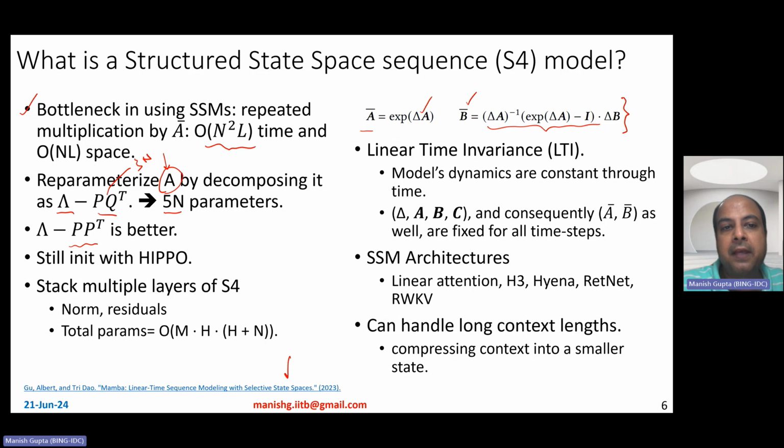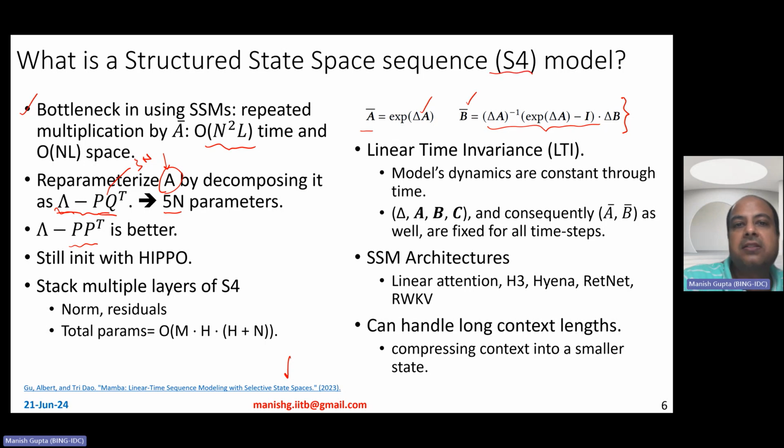So you start with the hippo initialization for A, and you do a reparameterization, or a sort of decomposition, into lambda and P and Q, and then you use them for initialization. And then you learn them over time using backpropagation. Turns out it's a great initialization. And then of course, just like in the previous LSL model, the standard state space models, you do the same thing with these S4 models.